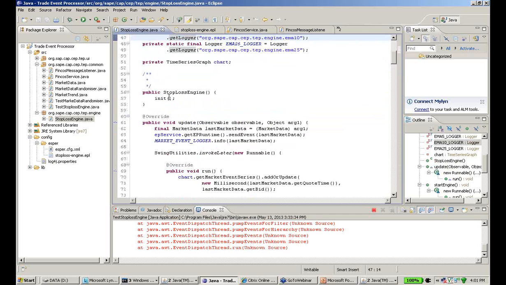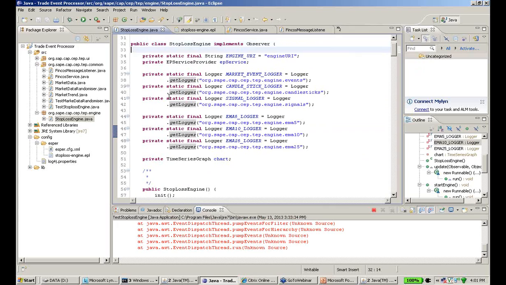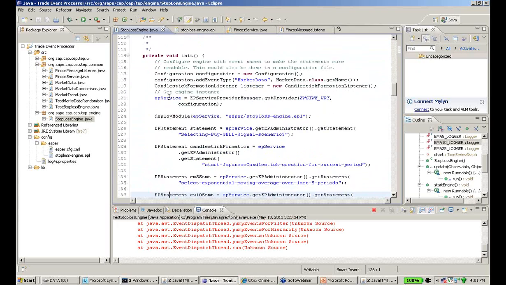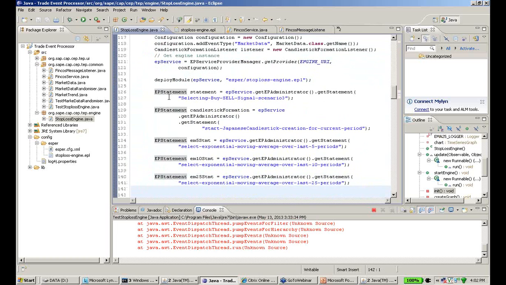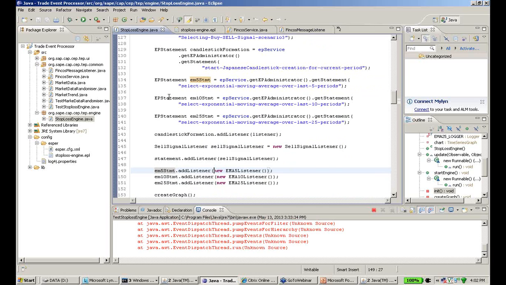Over the stop loss engine, let me show you the statements. These are all the Esper statements, select statements where we want to attach an update listener: EMA 5, EMA 10, EMA 25, and here we are attaching the listeners.